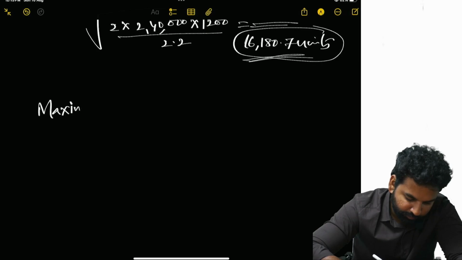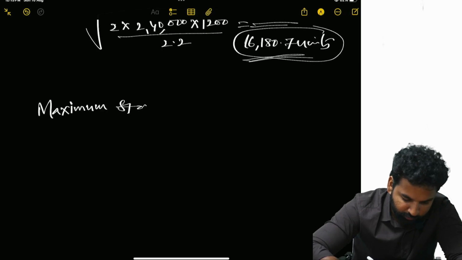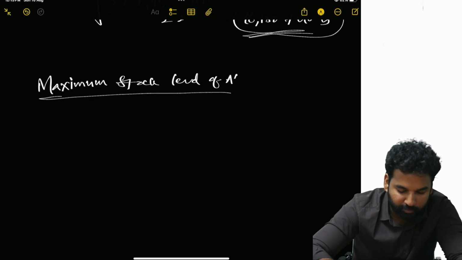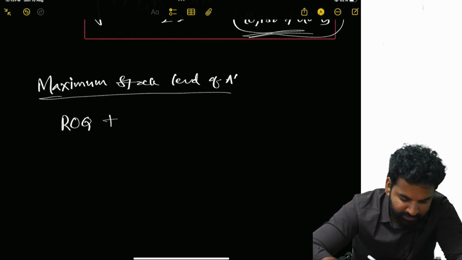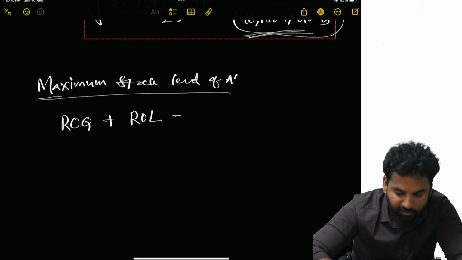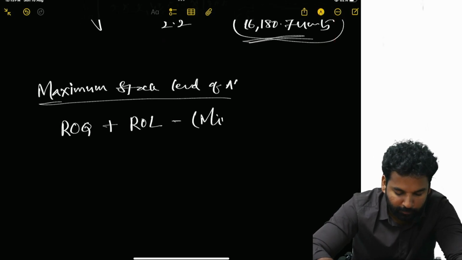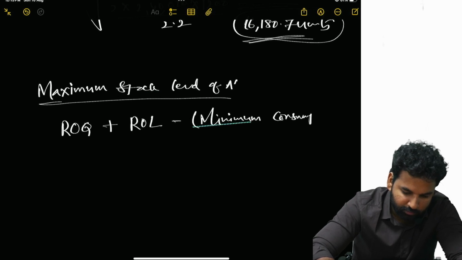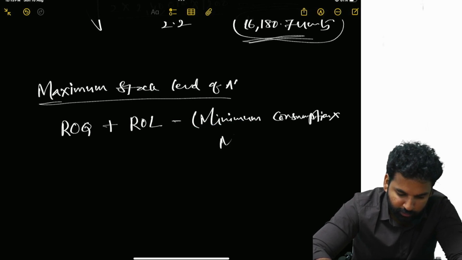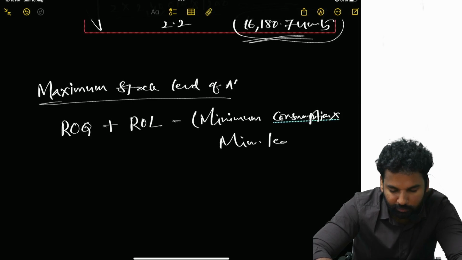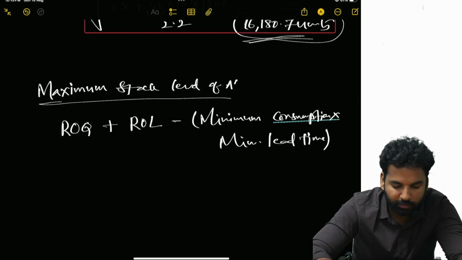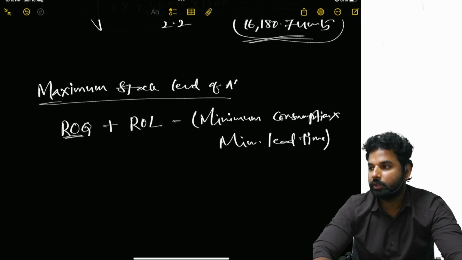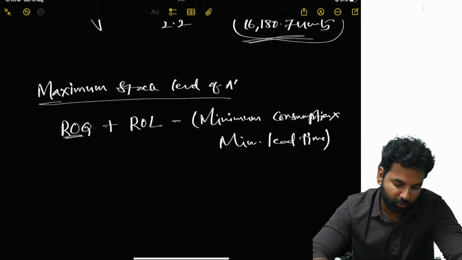Maximum stock level of A is ROQ plus ROL minus minimum consumption into minimum lead time. What is ROQ? We have EOQ as ROQ.